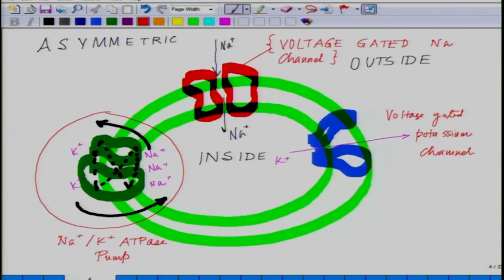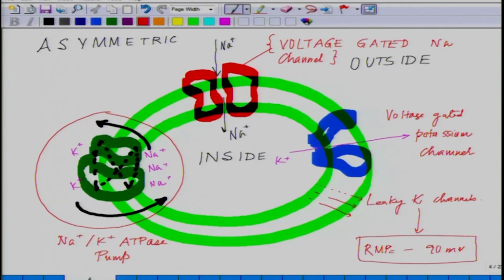These are the key players, other than a few of the leaky potassium channels which are present. Leaky potassium channels help in maintaining the RMP at minus 90 millivolt.